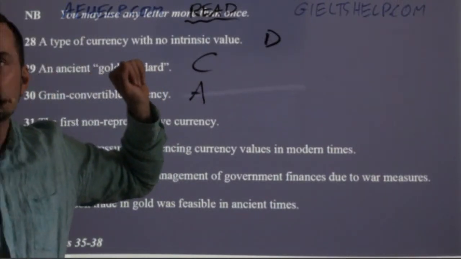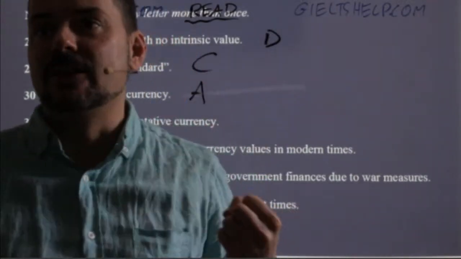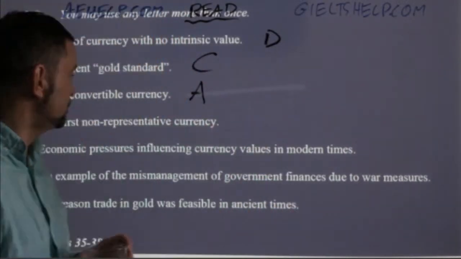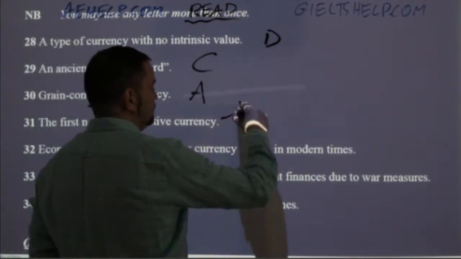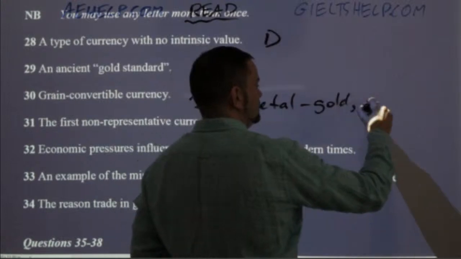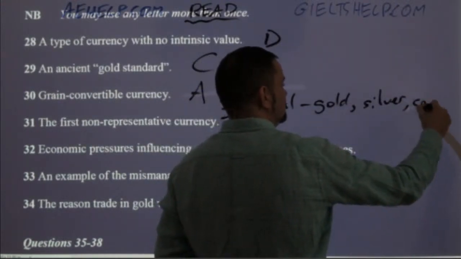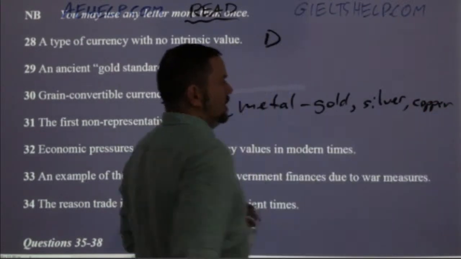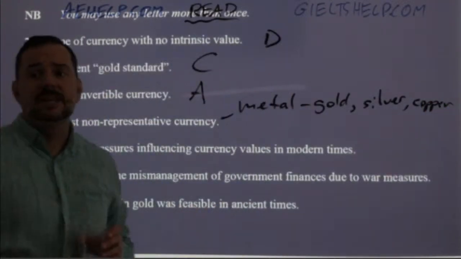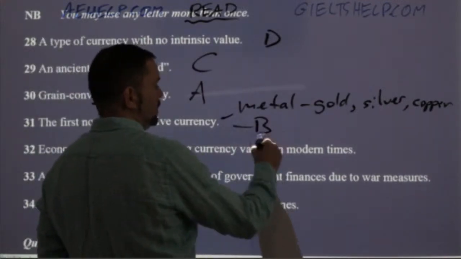So Carolina says abstract, right? So what has abstract value? That's what it means, non-representative. Very good, Jainil. It's B, right?